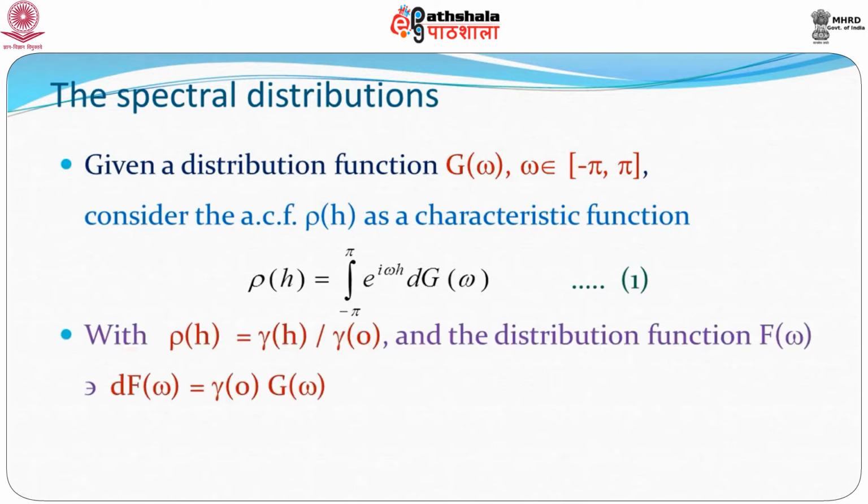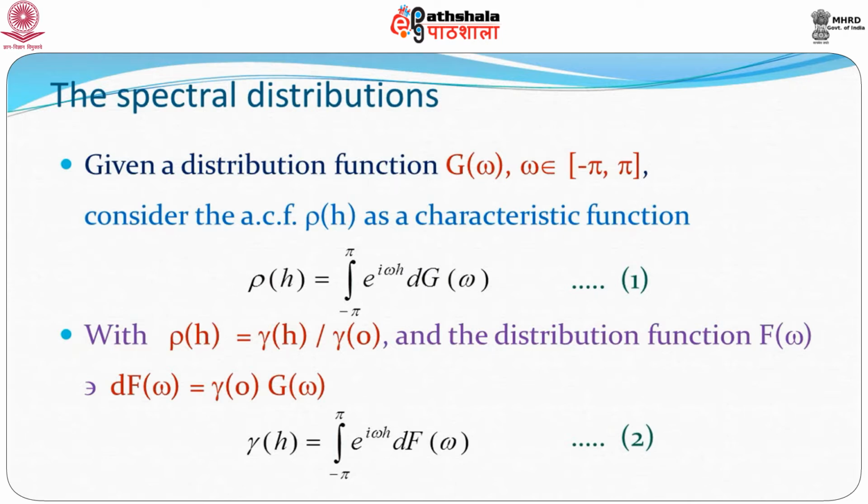Now, with rho(h) equal to gamma(h) by gamma(0) and the distribution function F(omega) such that dF(omega) is equal to gamma(0) dg(omega), we can also write this in terms of gamma(h) as the integral from minus pi to pi of e to the power of i omega h dF(omega).